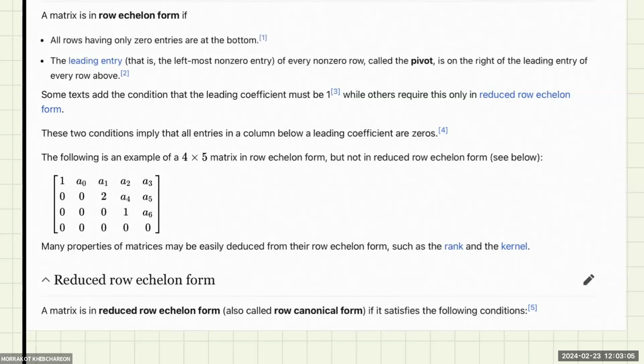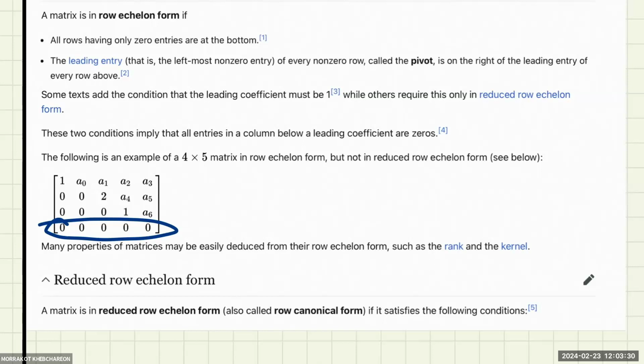It's less priority, so you push it down to the last row. So all rows having only 0 entries are at the bottom, like this.